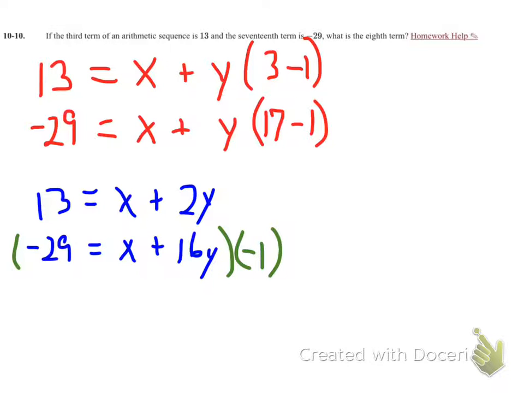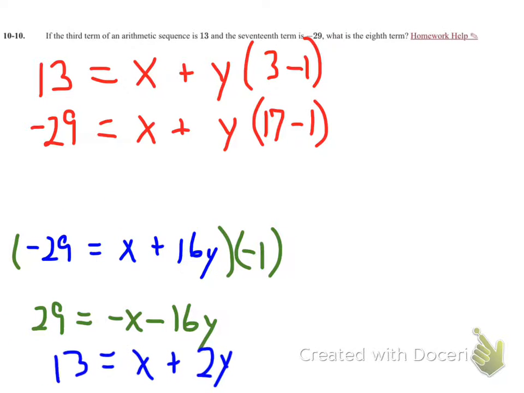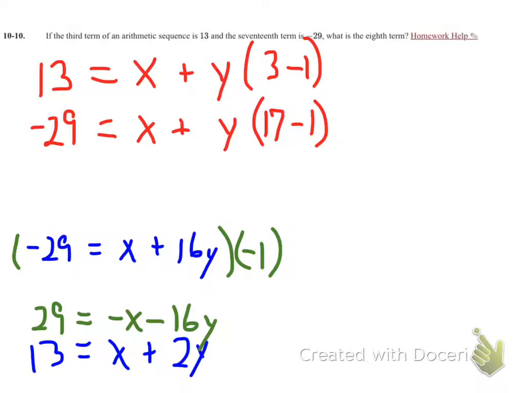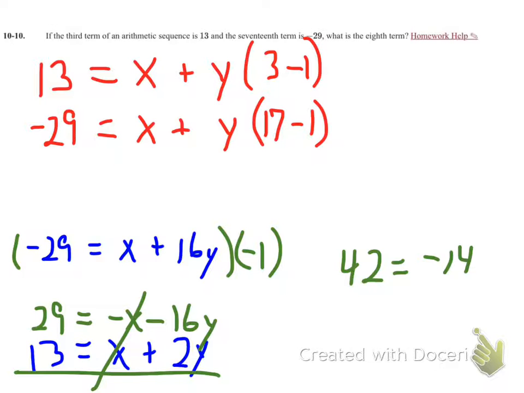That's going to give me positive 29 equals negative x minus 16y, sorry. And now I'm going to take that and add it to this equation here. Now when I add them, my x's will eliminate. I will get 42 equals negative 14y.